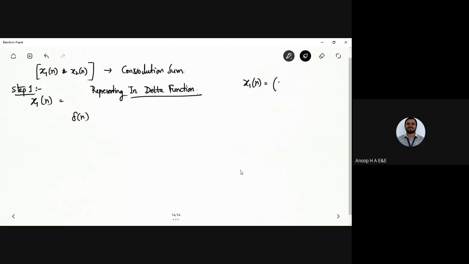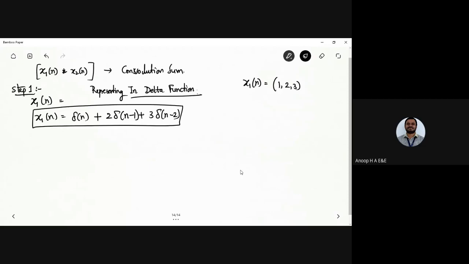So x1 of n is 1 comma 2 comma 3. Let me write down the sequence here. So x1 of n would be delta of n plus 2 times delta of n minus 1 plus 3 times delta of n minus 2. Okay, so that is x1 of n. Now x2 of n.